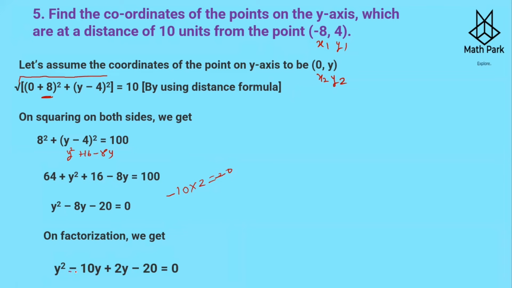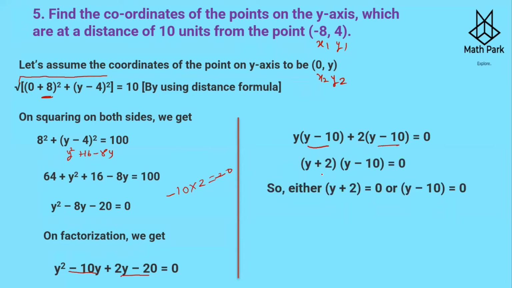Taking common, we have y in bracket (y − 10), plus from the other two, 2 can be taken common, 2 in bracket (y − 10). So the factors are (y − 10) and (y + 2). If y + 2 is equal to 0, y is equal to −2. If y − 10 is equal to 0, y is equal to 10. So the values of y are either 10 or −2.